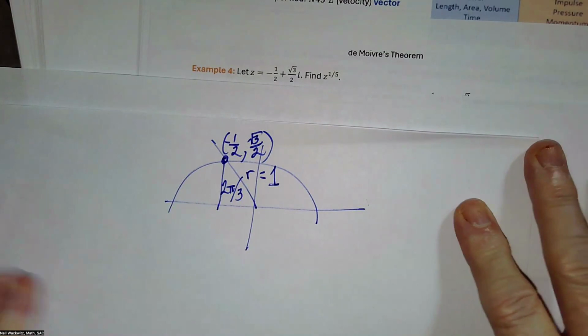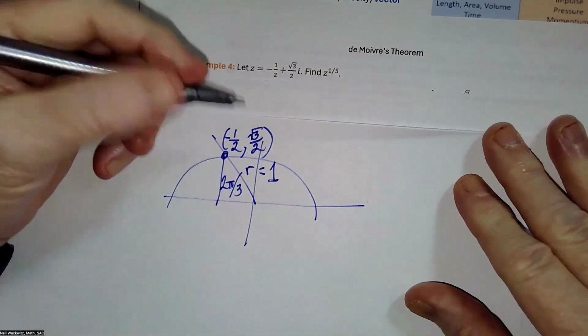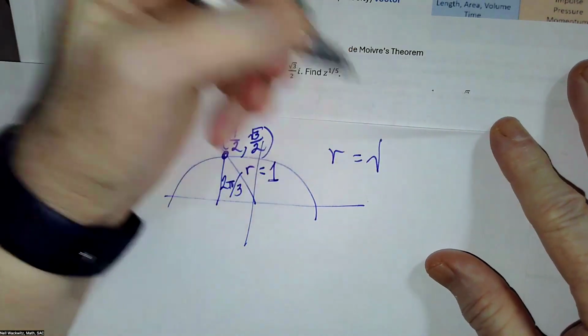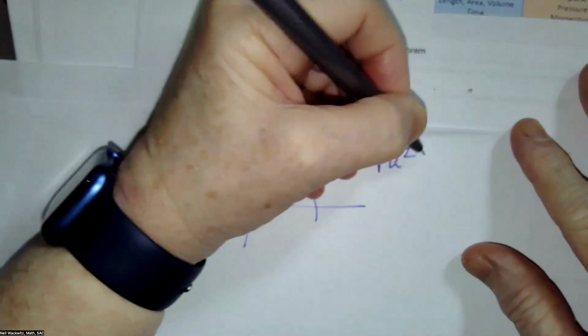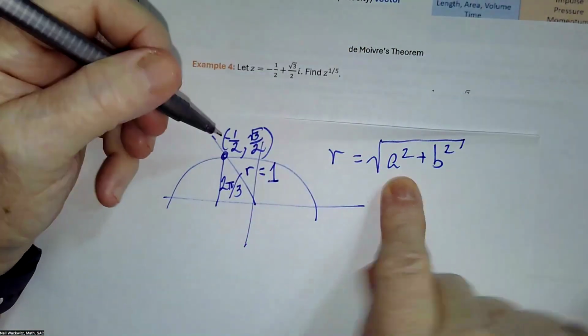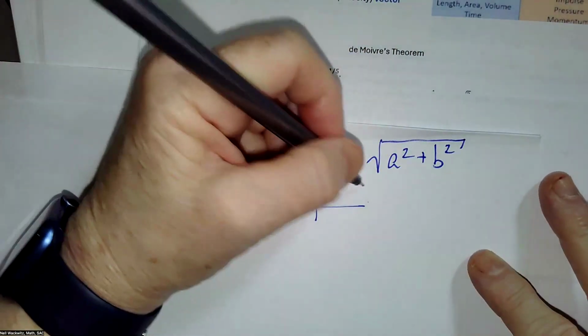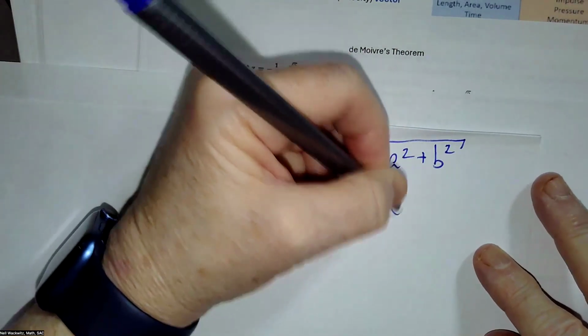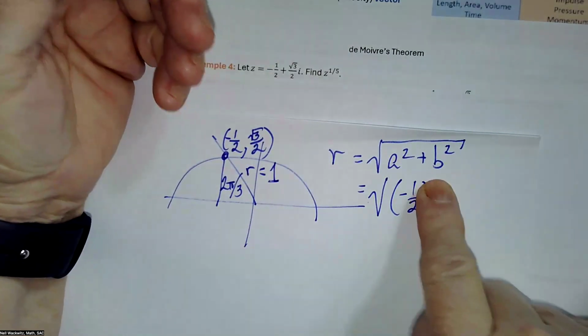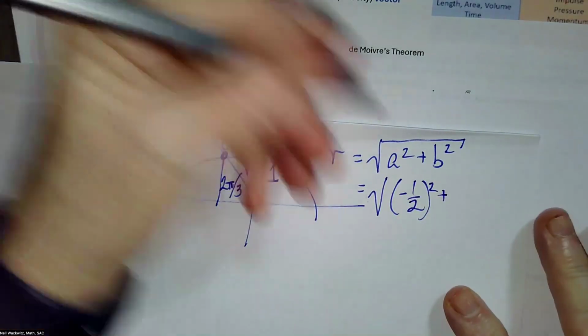So let's see. R is the square root of a squared plus b squared. A is negative 1/2. And b is square root of 3 over 2.